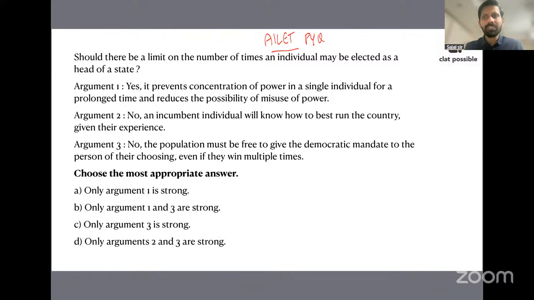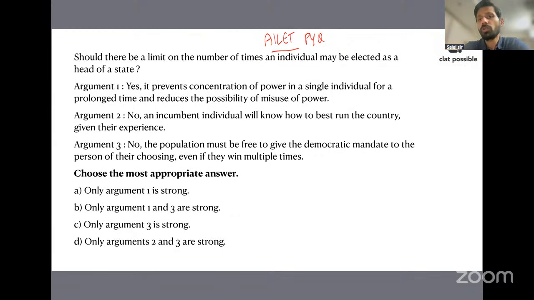So what we understand is कि here we are primarily looking at the reasons given for yes and no, क्योंकि yes or no दोनों ही view हो सकते हैं without being morally ethically wrong about it. Okay. Now, it prevents concentration of power in a single individual for a prolonged time and reduces the possibility of misuse of power. That seems to be a very good reason, right? So, argument one for us is strong.